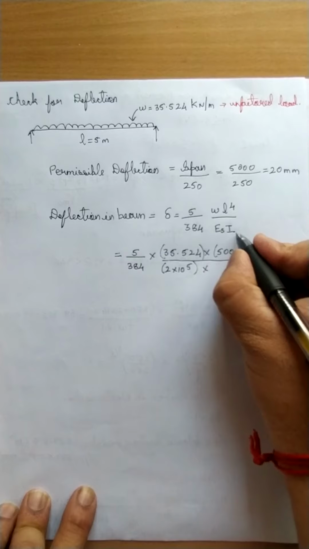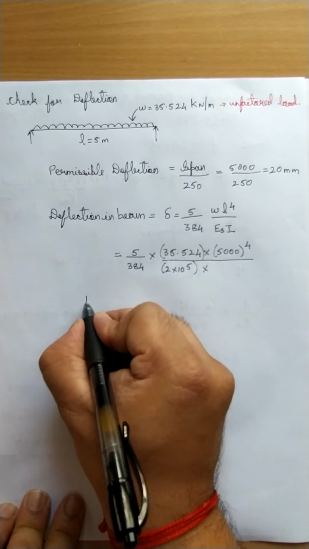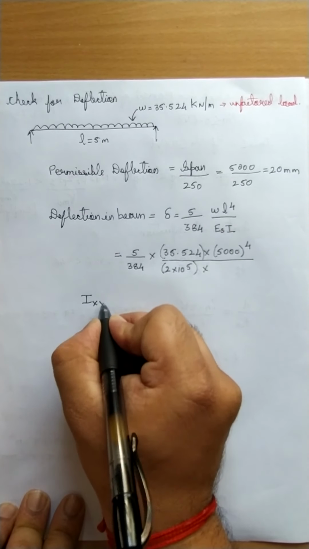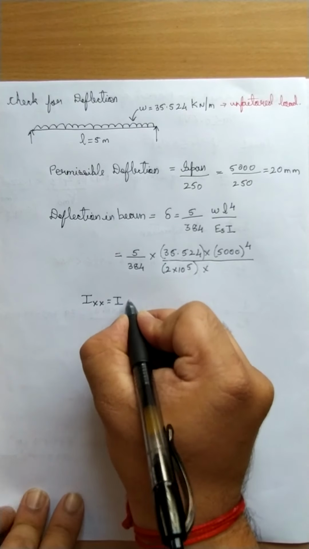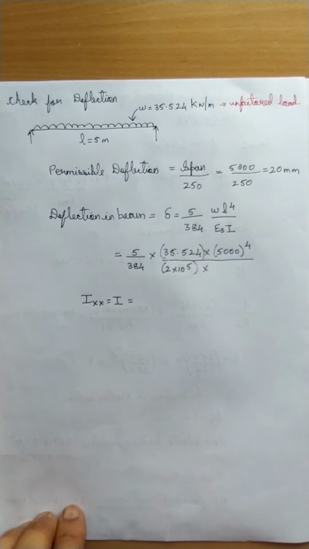And we want I, which is nothing but the moment of inertia, which has to be taken from the steel table. So let us go to the section again and check for the steel table. So what is our section? Our section is ISMB 350 at 52.4 kg per meter. So let us know from where it is.